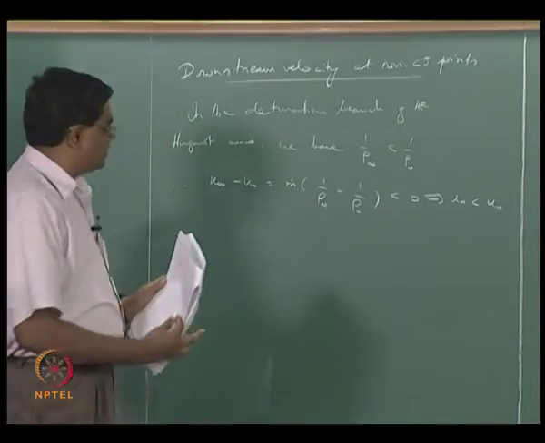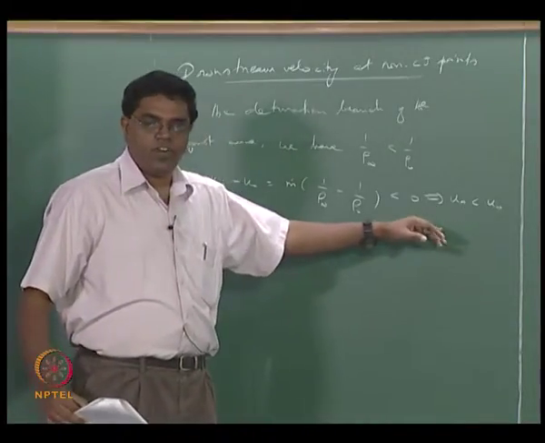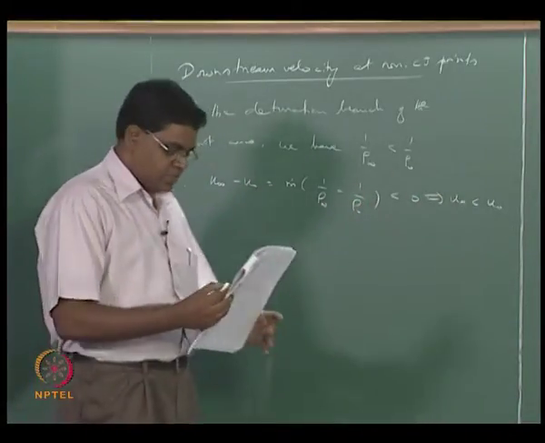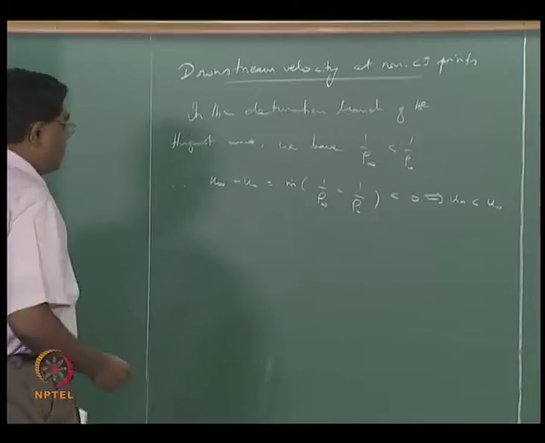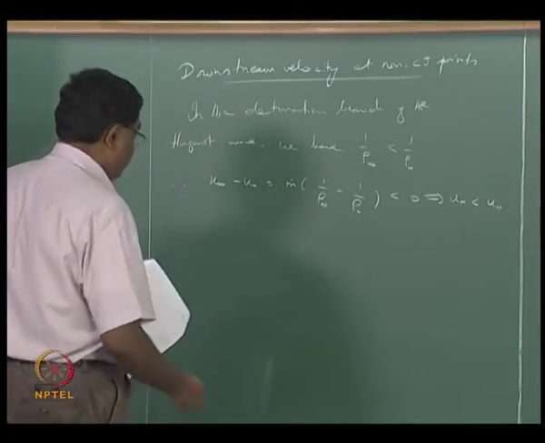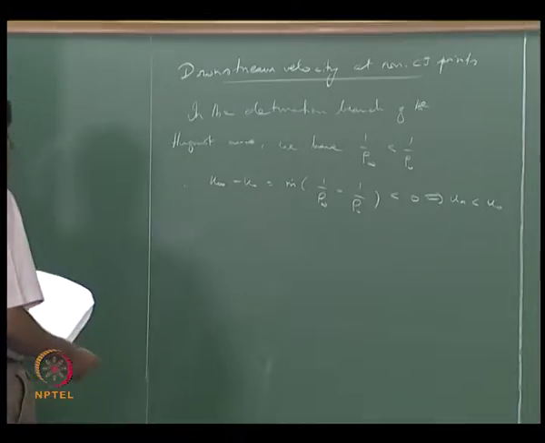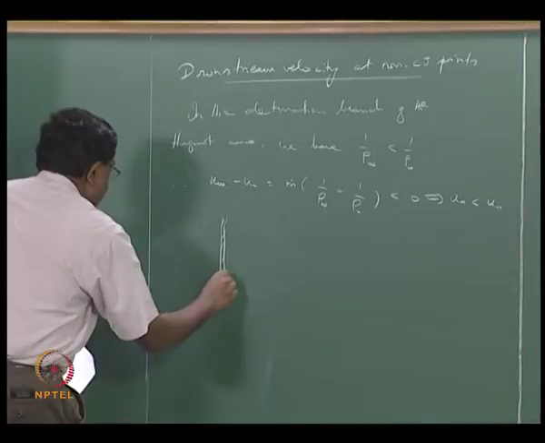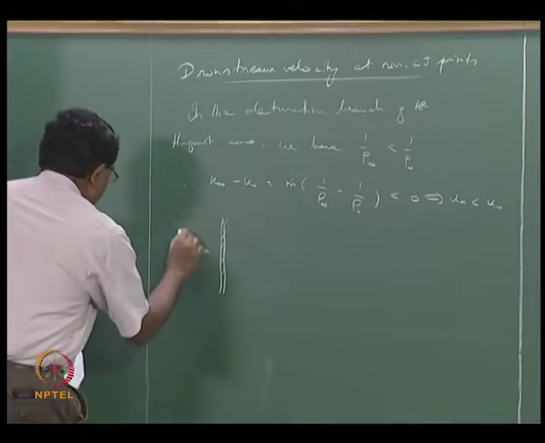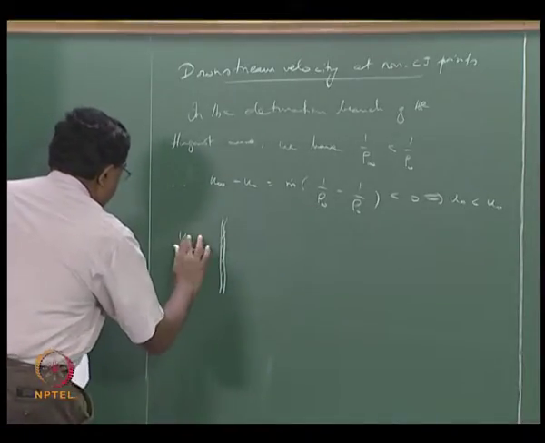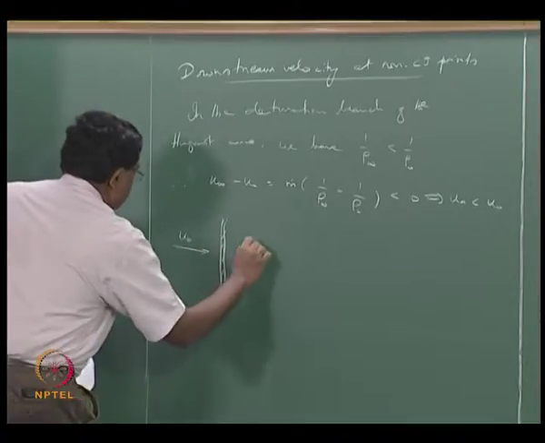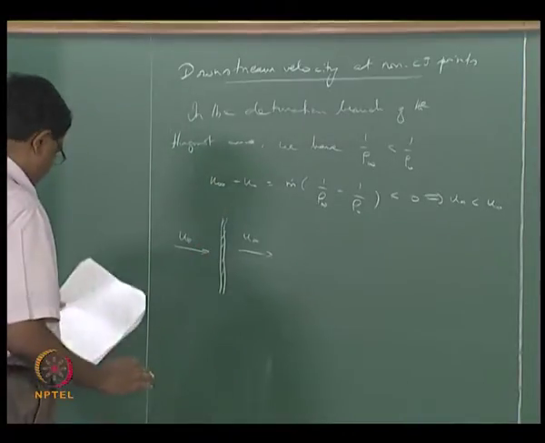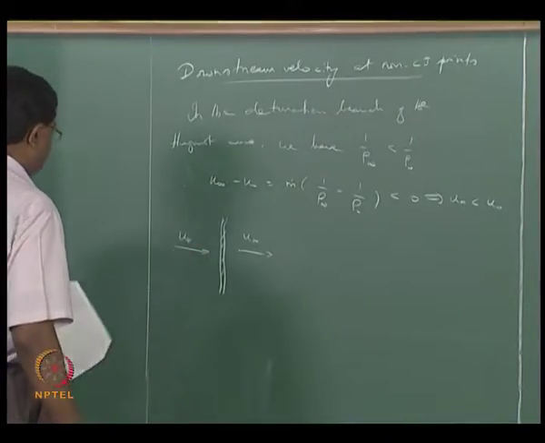This is no news. We know that the downstream velocity is going to be less than the upstream velocity because the flow is getting decelerated, but that is in a wave-fixed coordinate system. So if you have a wave that is fixed in a coordinate system and you had a u naught like this and u infinity like this, that is the story.